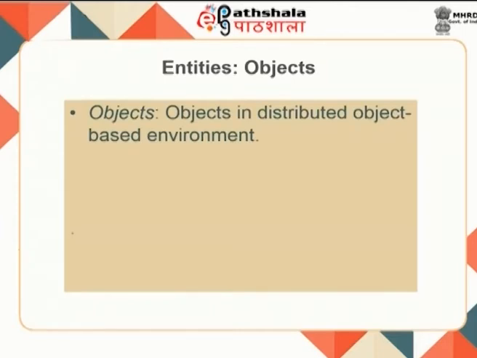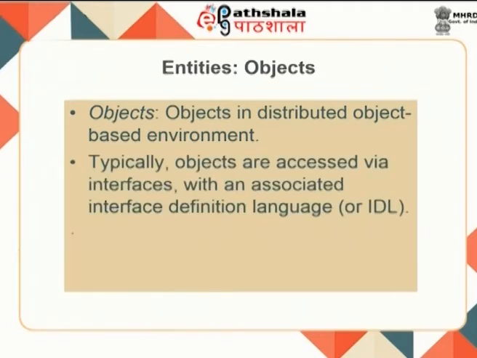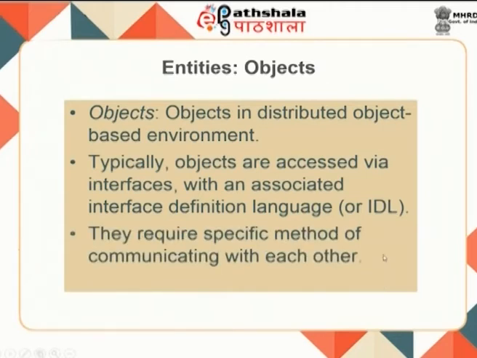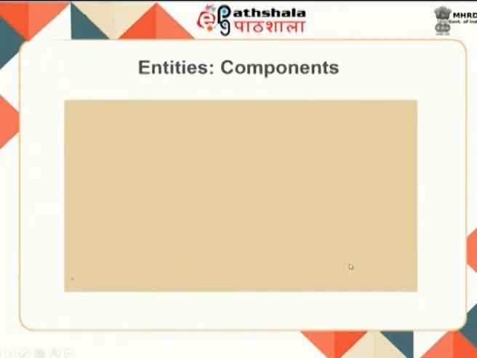In an object oriented world or object based world, the objects are the entities which want to communicate with each other. They have an interface definition language, which is called an IDL, and this is the basis of object communication, and they require specific methods of communicating with each other.